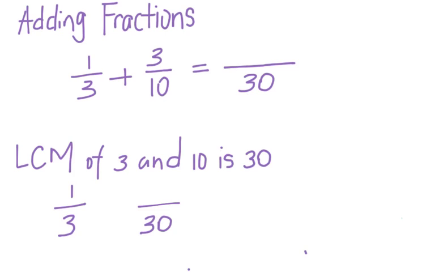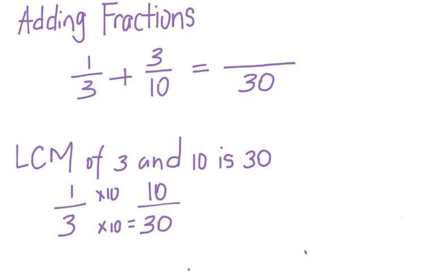If we multiply 3 by 10, that's going to give us 30. So therefore, we're going to do the same thing to our numerator. We're going to multiply our numerator by 10, and that's going to give us 10. So 1/3 is the same thing as 10 over 30.